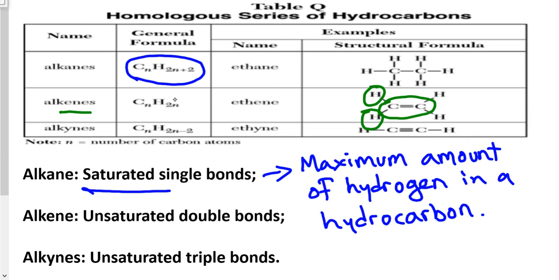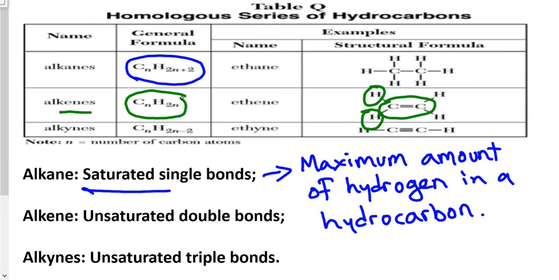You can also look at the general formula, where alkene has a general formula of CnH2n, meaning the amount of hydrogen is exactly double the amount of carbon, where alkane had more than double the amount of hydrogen for each carbon. And this is why alkene is unsaturated, meaning it does not have the maximum amount of hydrogen attached to a carbon.